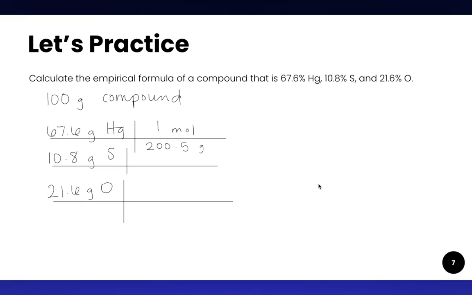Sulfur has a molar mass of 32.06. And oxygen has a molar mass of 16.0.